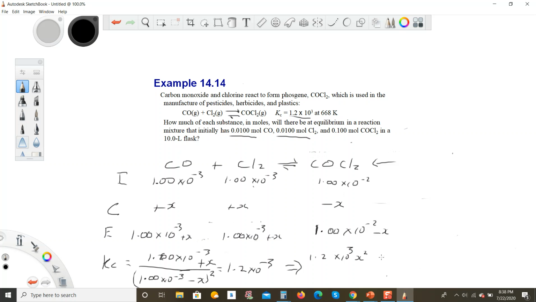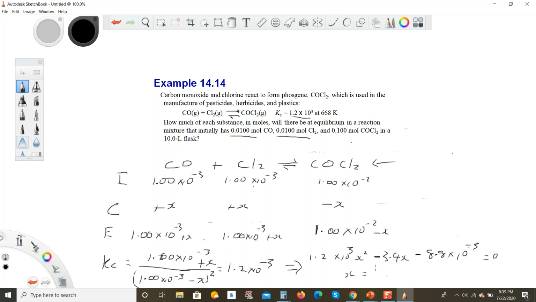So down here, you're going to have minus 3.4x, and then minus 8.8 times 10 to the minus 3 equals 0.